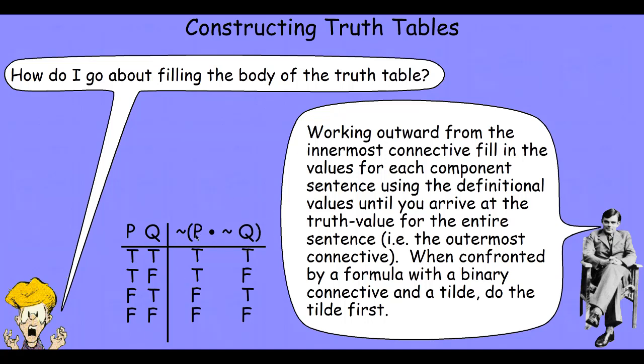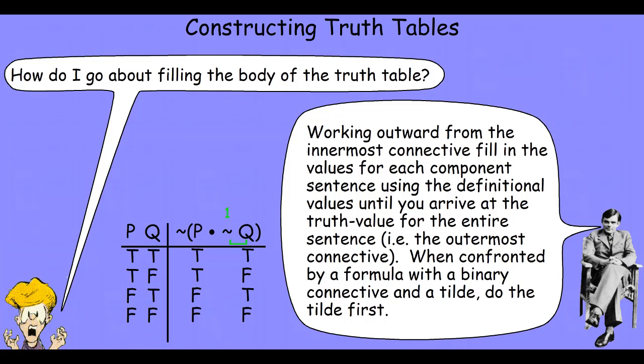We start inside our parentheses here. We've got 2 connectives. Tilde always goes first, followed by our dot. So tilde reaches out and grabs Q. Our rule for tilde is opposite truth values of what it negates.